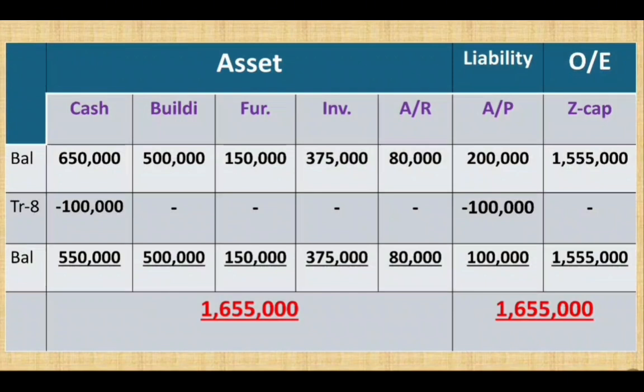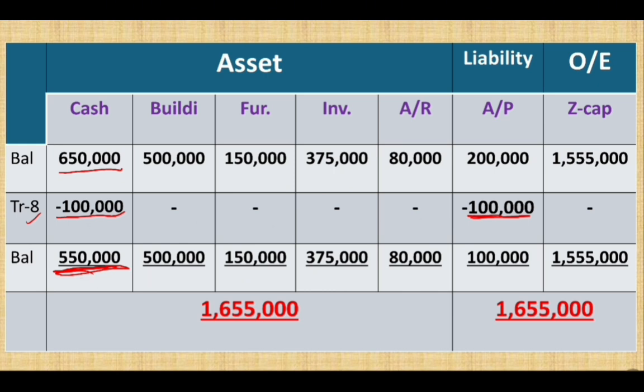So here the only two accounts that are affected are cash and account payable. Cash and account payable both are decreased by 100,000. So the balance of cash after transaction 7 was 650,000. Now there was a reduction of 100,000 in cash during transaction 8.